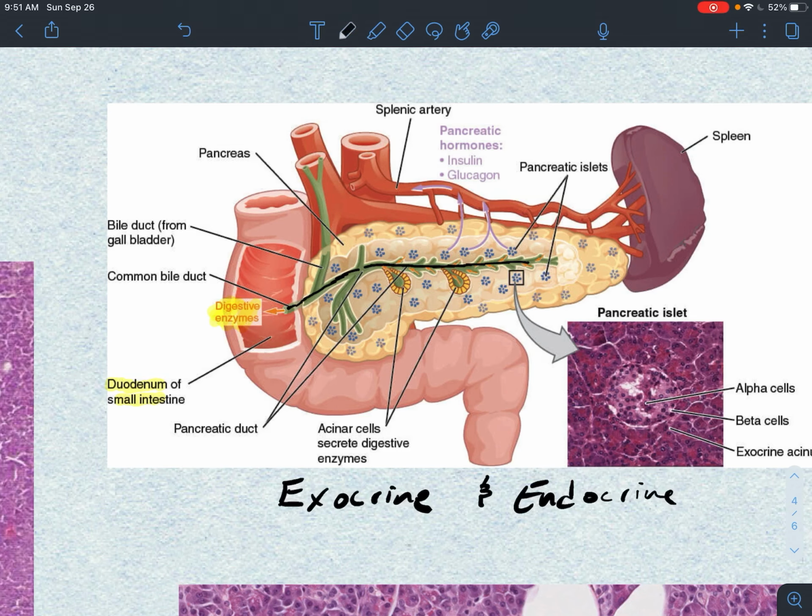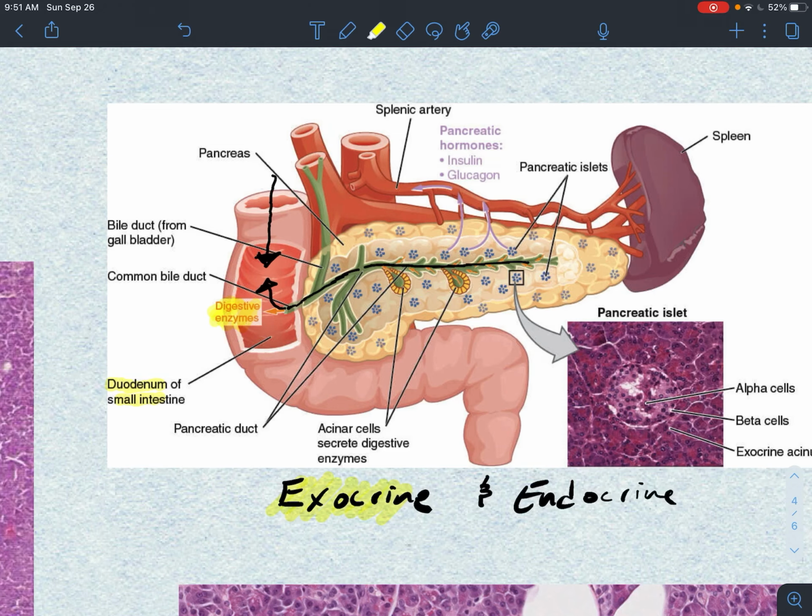Well, you want to imagine that food that has already been digested quite a bit by the stomach is now moving down this way into the small intestine and needs to be broken down further. And so the pancreas is supplying digestive enzymes to basically run into that food, okay, and start to break it down further for us. So that is the exocrine part of the pancreas.